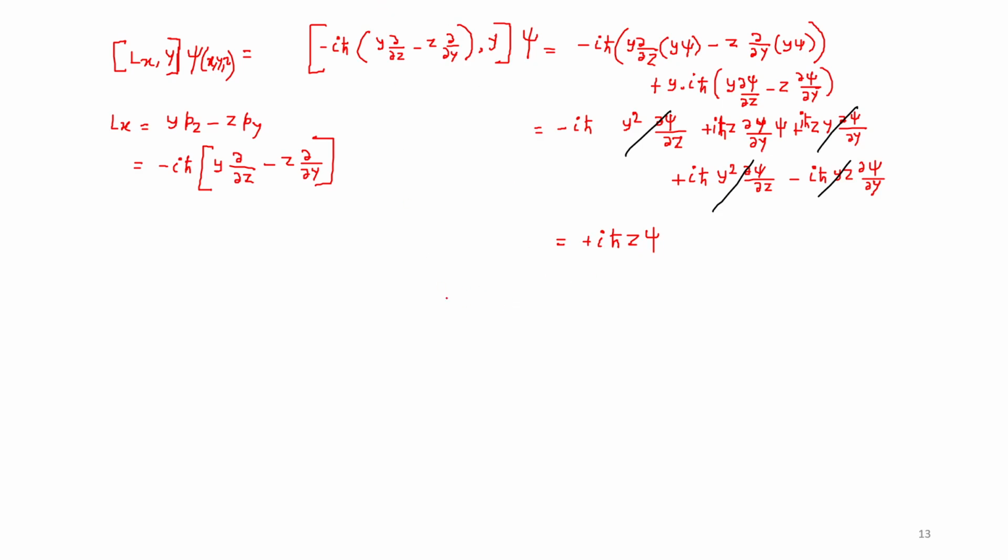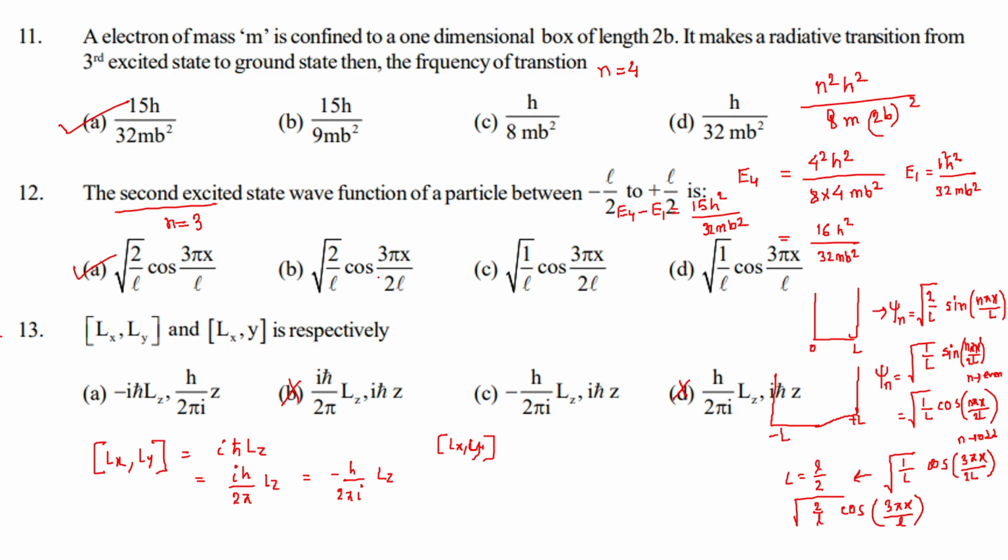So your [Lx, y] over psi gives you i h cut z psi. So this is your eigenvalue, you can say. So i h cut z. You see your third option is correct. So you look at this much more carefully by yourself. You will see what we have done just right now.